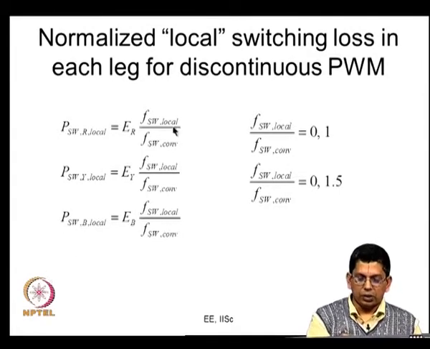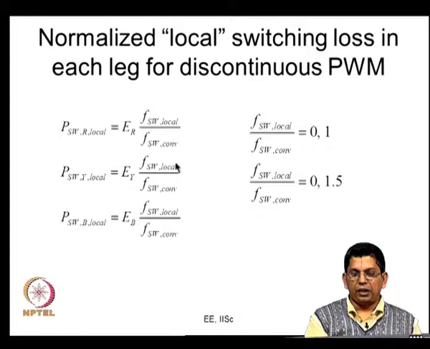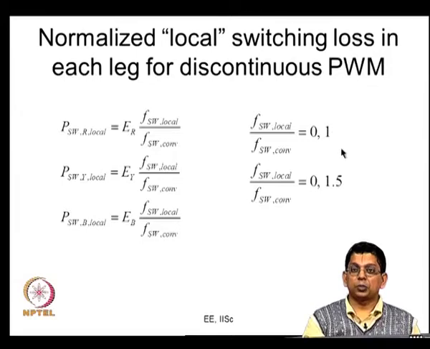Okay. Now, what about this ratio? When you are using a carrier frequency which is the same as the conventional space vector PWM and the phase is switching, then FSW local by FSW conventional is equal to 1, but the phase may not switch always, the phase may be clamped. If the phase is clamped, then FSW local by FSW conventional is 0. So, there is no power loss in that.